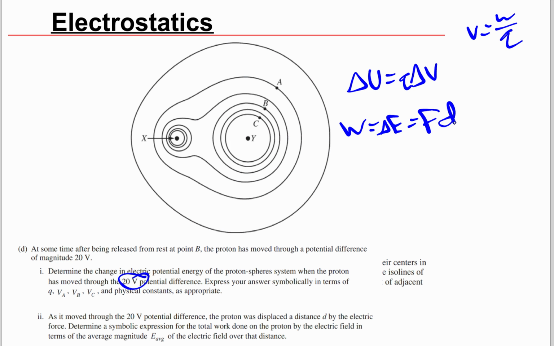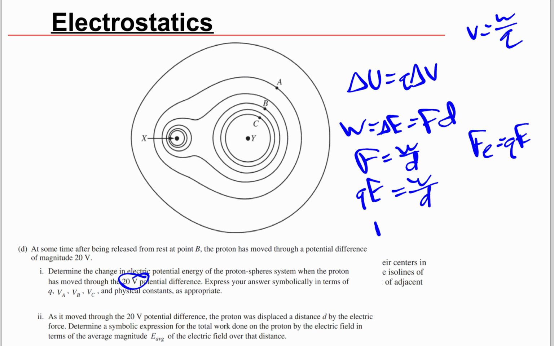So the force is equal to the work done divided by the distance. And also force Fe equals Q times E. So QE equals W over d. So E equals W over Qd.